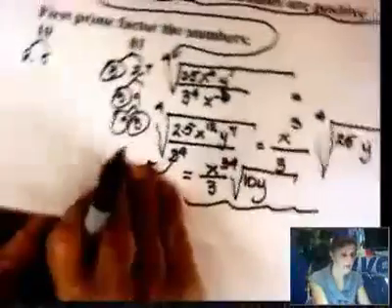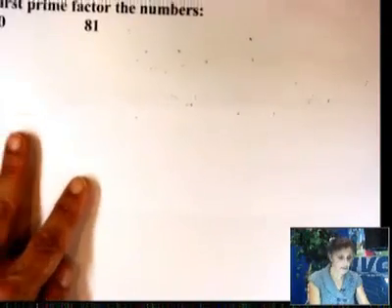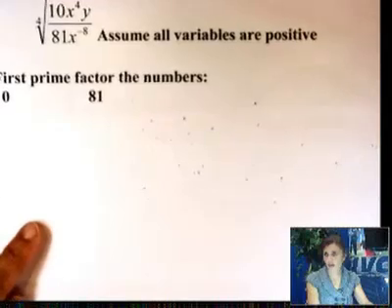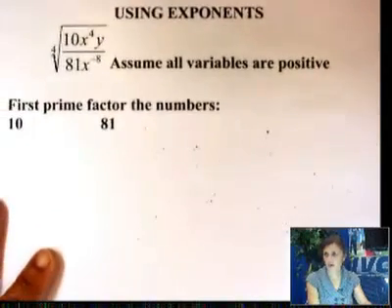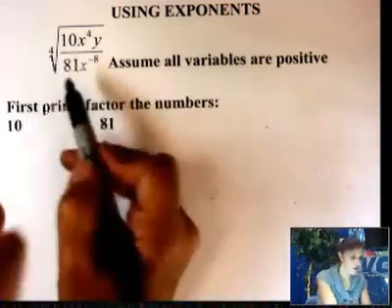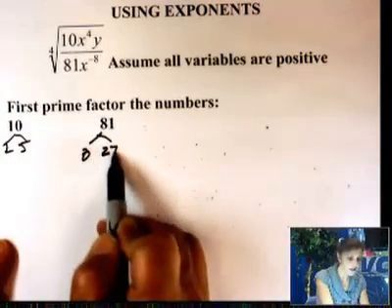Now, if I want to use the exponents, I do the same thing, but this time I'm going to put it in the exponent form. We did the prime factoring already, so let's do it again.